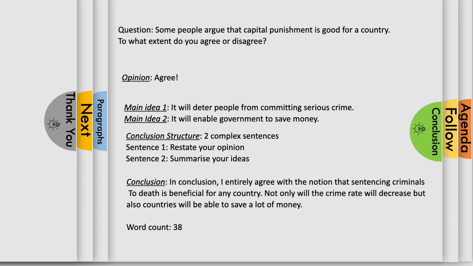To what extent do you agree or disagree? So our opinion was that we completely agree with the statement. Okay, and the main ideas that we discussed in previous videos were, first idea was, it will deter people from committing serious crimes. Okay, and the second main idea was, it will enable government to save a lot of money.